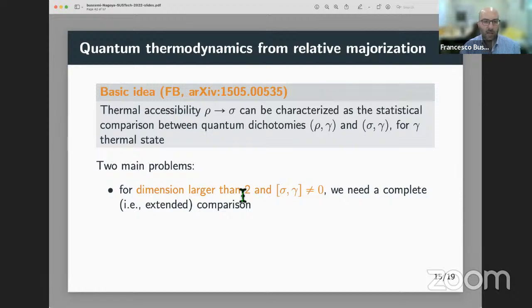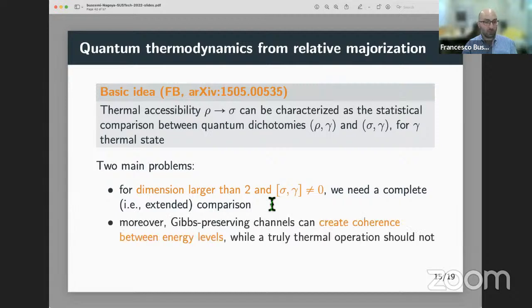Apart from the very special case of qubits, when the dimension is equal to 2, for which you can really draw these Lorenz curves, quantum Lorenz curves, and everything is in there, if you go to dimension 3 already, that's not enough. There are counterexamples that tell you that you need some kind of extended comparison. So how can we give a physical notion of this extended comparison? But not only.